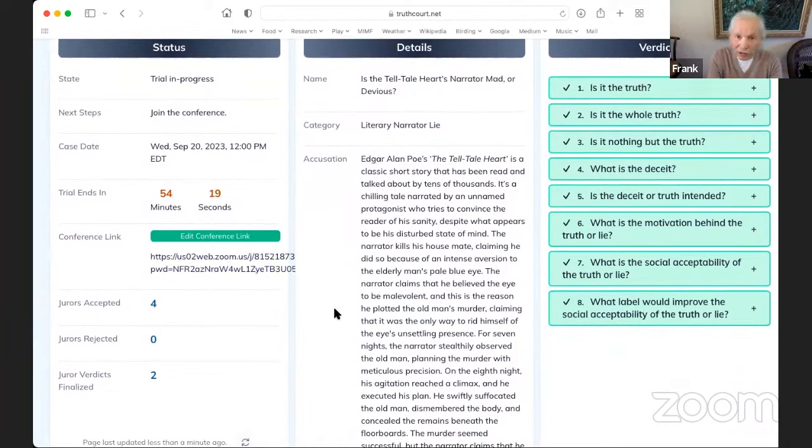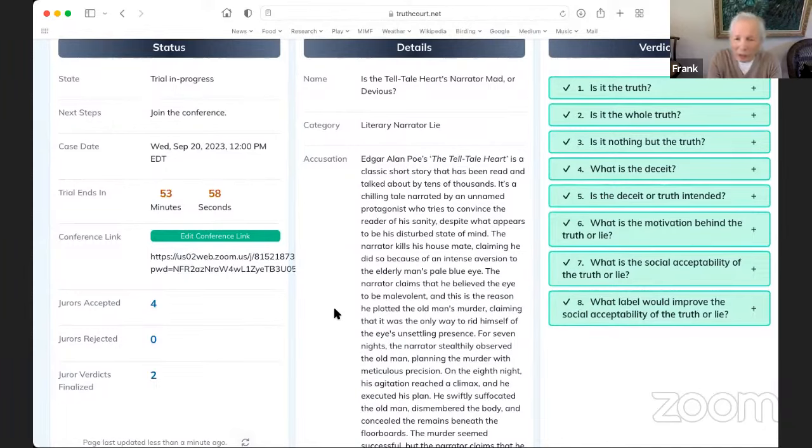The case is Edgar Allan Poe's The Telltale Heart. It's a classic short story, as I mentioned before. It's narrated by an unnamed protagonist who tries to convince the readers of his sanity, despite what appears to be a very disturbed state of mind.